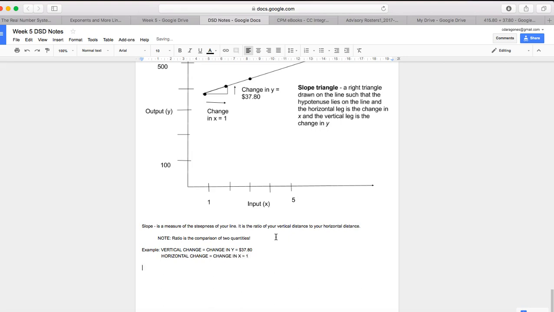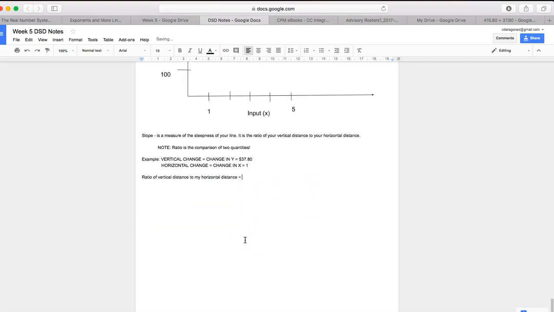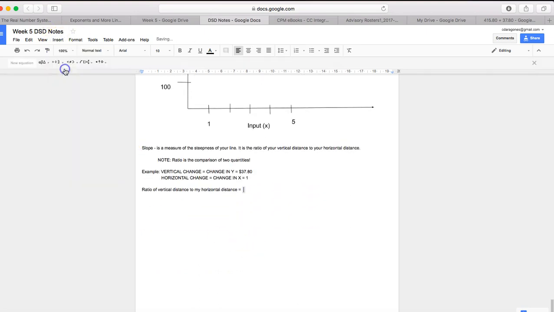So the ratio of my vertical distance to my horizontal distance, remember, we can write a ratio as a fraction. So we can go ahead and write our vertical distance to our horizontal distance.